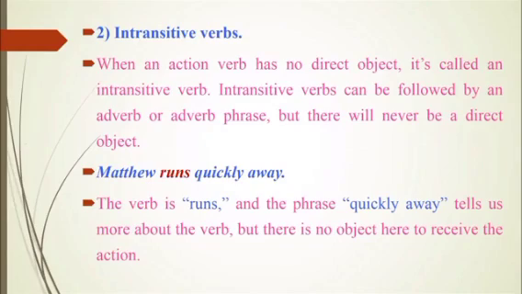Next, we are going to learn about intransitive verbs. When an action verb has no direct object, it is called an intransitive verb. Intransitive verbs can be followed by an adverb or adverb phrase, but there will never be a direct object. Example sentence: "Matthew runs quickly away."